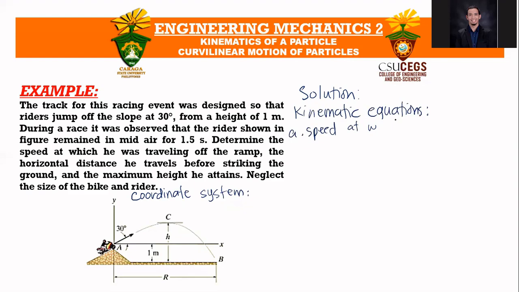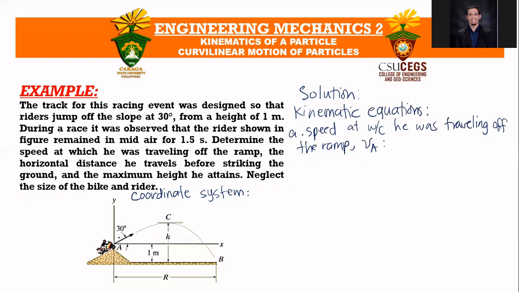at which he was traveling off the ramp. So that is the initial velocity of your rider at point A. So when we solve that, we need to determine unsang iyahang initial position, at what point.